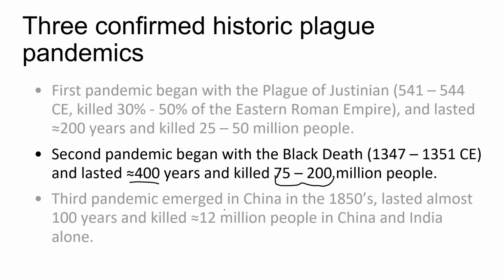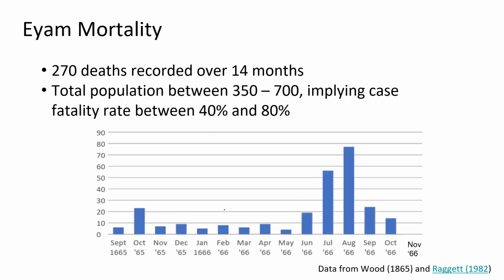But again, the spread of this is a little more complicated because it's not a direct human to human contact spread of disease. I mean, it can be, but the vast majority of people who are sick are sick because of flea bites. So we think about one particular case study, which happened in Eyam, England.